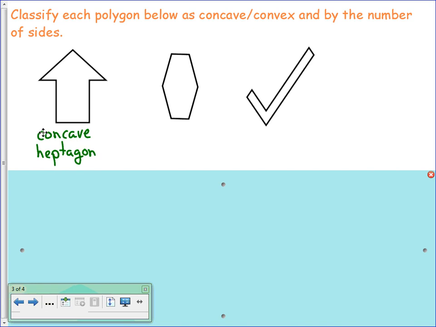The next one here, all points are on the outermost side, so it is convex. We count up, it has 6 sides, so that means it is a convex hexagon. We look at the next one here, the check mark, cave entrance, so it is concave. And we count the number of sides, also has 6 sides, so it is a concave hexagon.